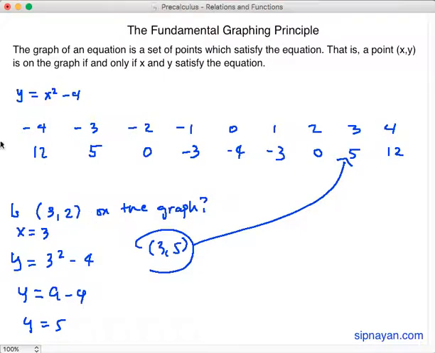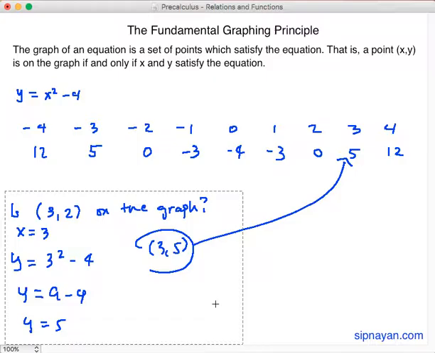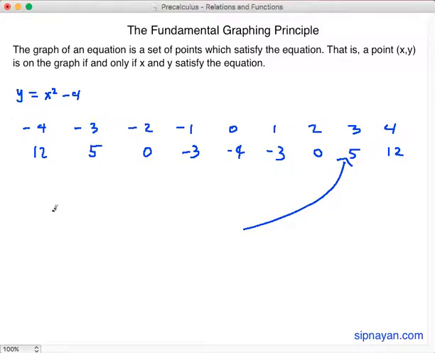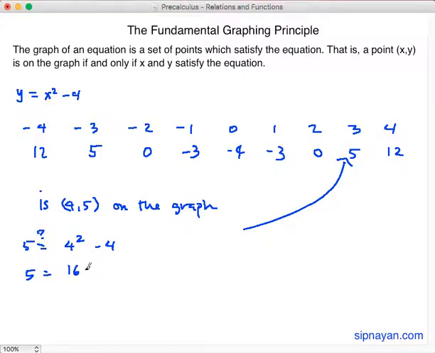Now, another one is (4, 5). Is (4, 5) on the graph? I think this is obvious kasi yung 4 dapat 12 yung partner niya. But we can check. Pwede nyo tignan ang way ng pag-check dyan is, is 5 equal to 4 squared minus 4? Simplify this, 16 minus 4.